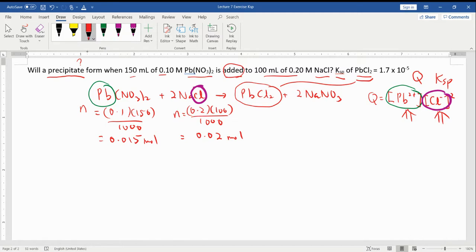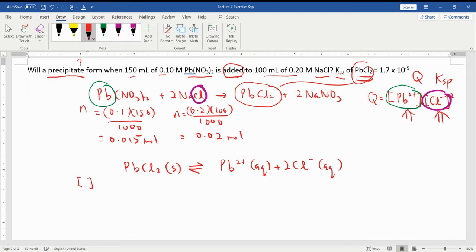So now we can continue with our calculation. First of all, write the reversible reaction equation for the slightly soluble salt, that is PbCl2 equilibrium Pb2+ plus 2Cl- aqueous.